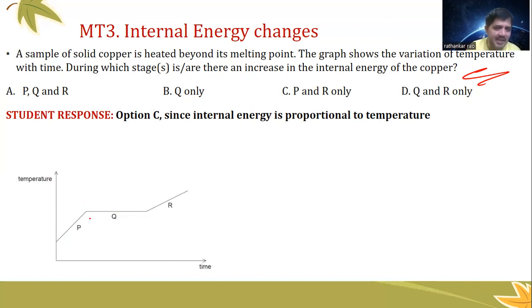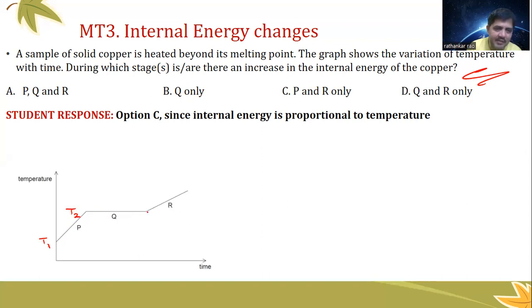See here, there's a change in temperature. There is no change in temperature. There's a change in temperature. First time when we look at this graph, if you already studied about latent heat and specific heat, you know that the solid was at a temperature T1, and then you went until T2. So the solid then got transitioned to liquid.